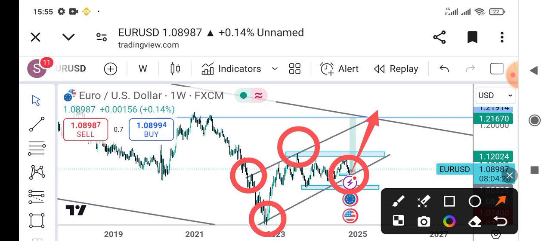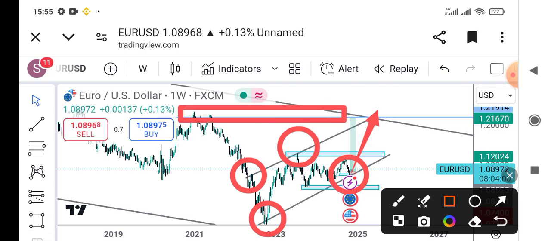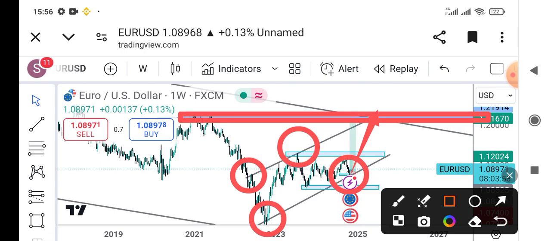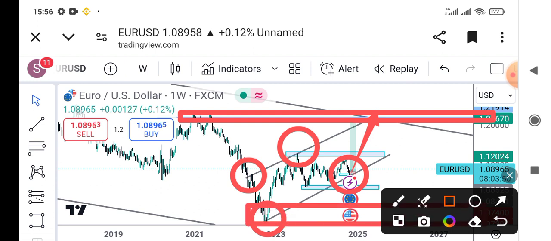But how do we identify this section? One, you go back to the impulse and identify the highest point of the impulse, which you were able to identify as this point. That is why I drew this line. That was the highest point, and the lowest point is somewhere down here. So the market is supposed to play in between those two sections.